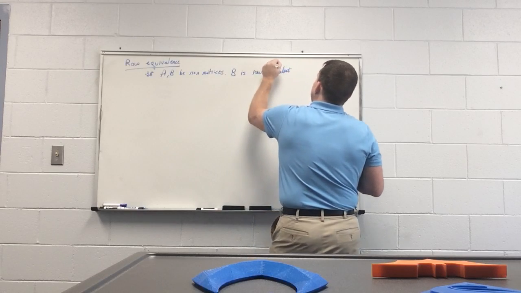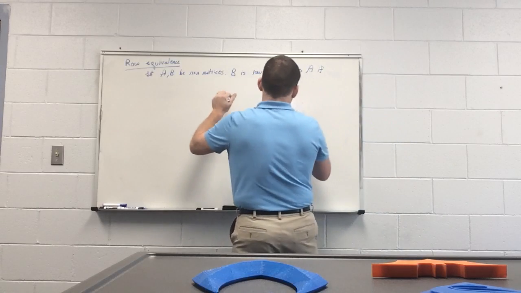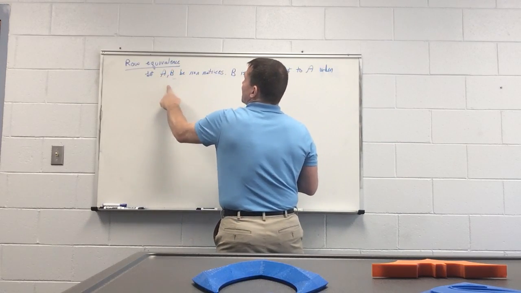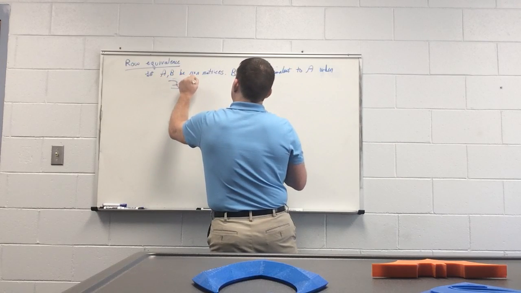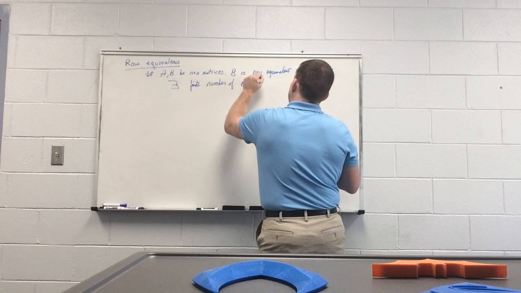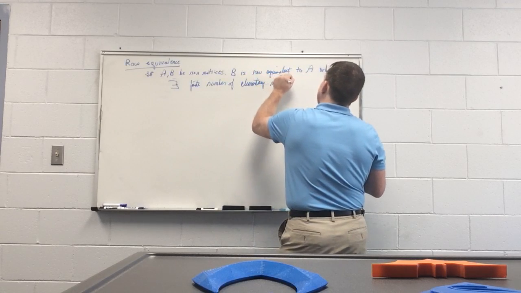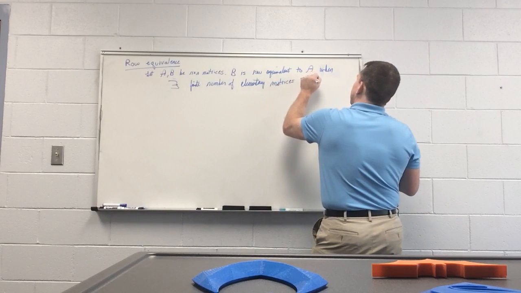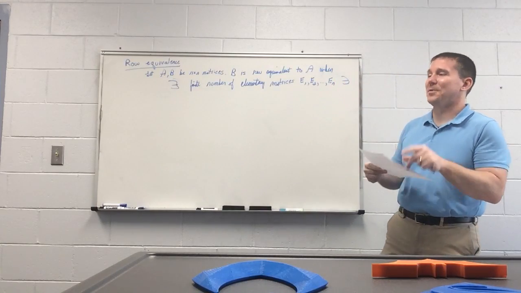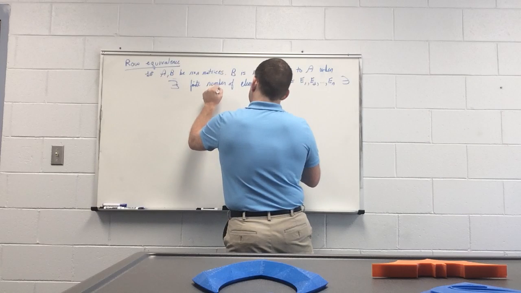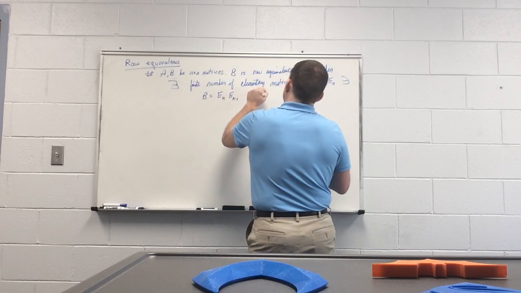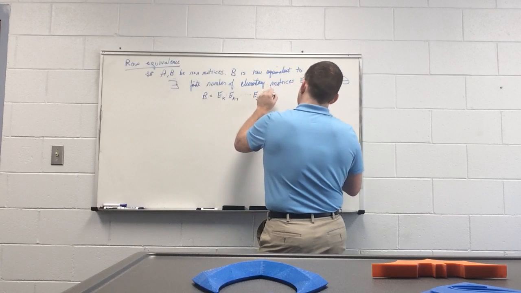B is row equivalent to A when there exists a finite number of elementary matrices E1, E2, out to Ek, such that B is equal to Ek times Ek minus 1, out to E2, E1, times A. Remember, backwards capital E means there exists, and backwards curvy E means such that.